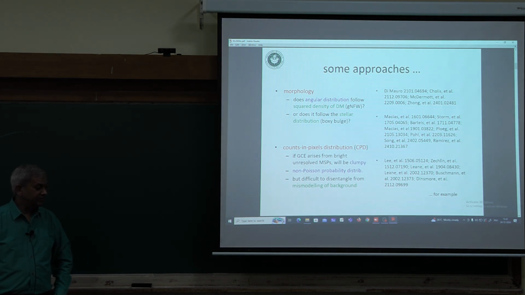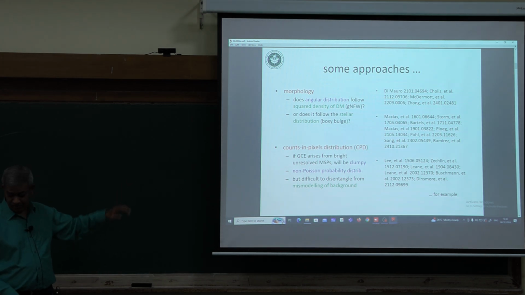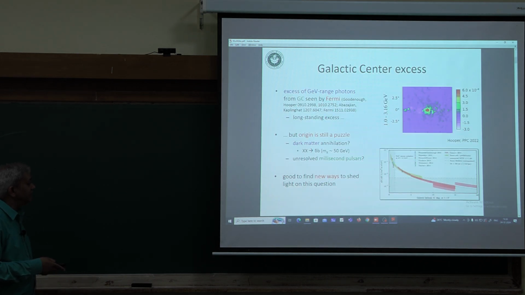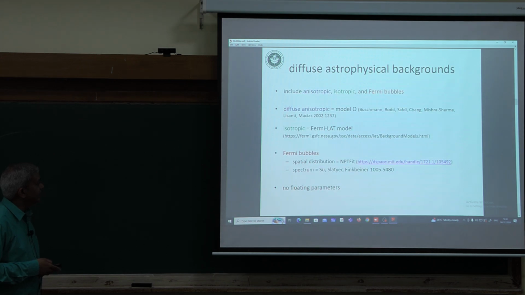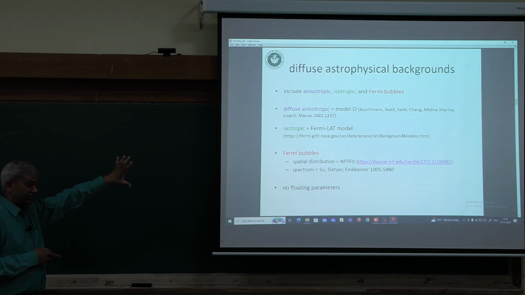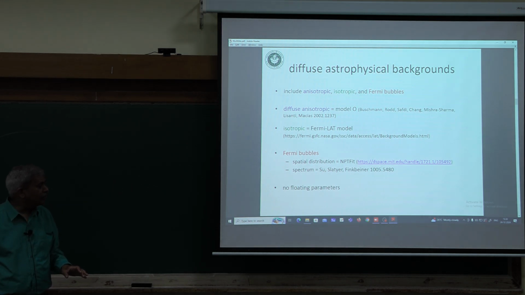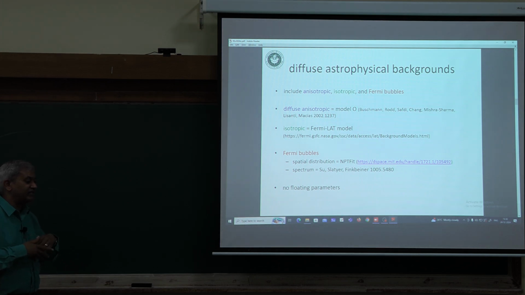Another question. When you say the word excess, with respect to what? So you have these background models. Let me give you examples. I've modeled diffuse emission. The way people will do this, they'll say, I know what the processes are which can produce these things. I can produce pions when cosmic rays interact with gas.